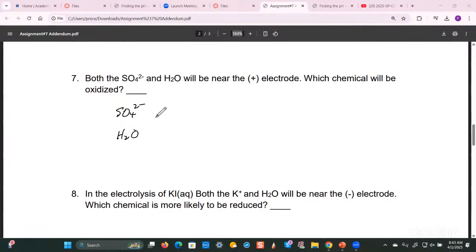Now, in this case, you have to be careful because you have to determine what the oxidation of these substances will result in. So when I looked it up, I saw that sulfate, when undergoing oxidation, will form S2O8 2 minus, plus 2 electrons. Now, you have to be careful because when you look up the values in the table, you're going to see the reverse equation, right?